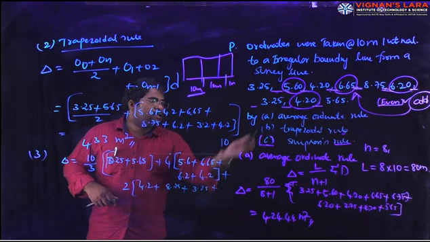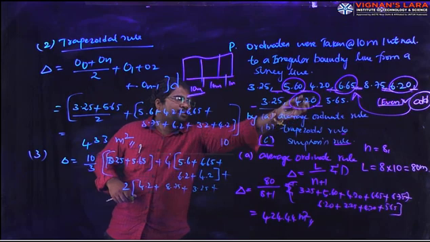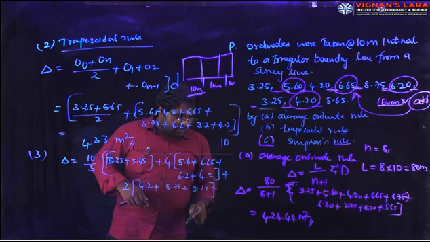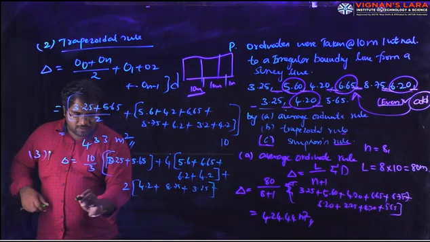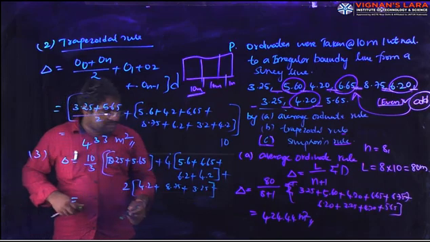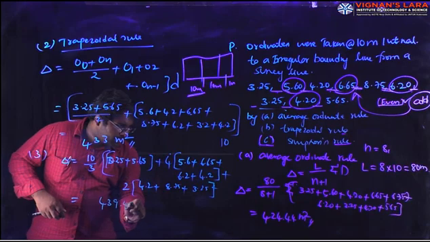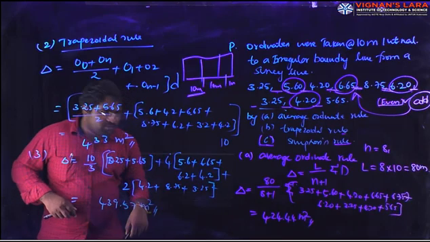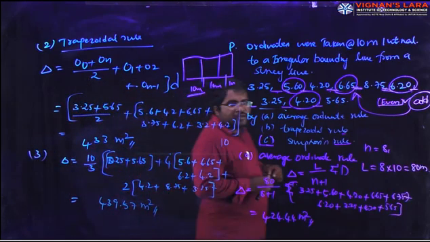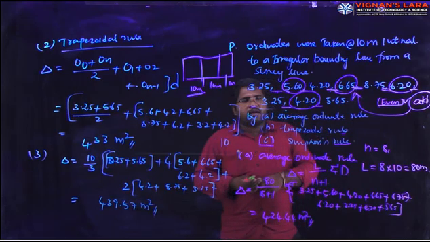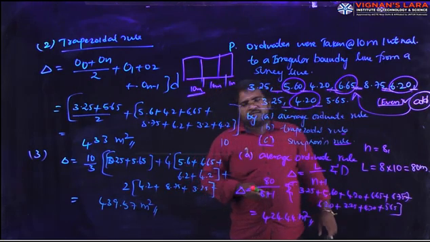Now by doing this calculation, finally we get a value of 439.57 square meters. Like this we calculate the area for the given offset values.